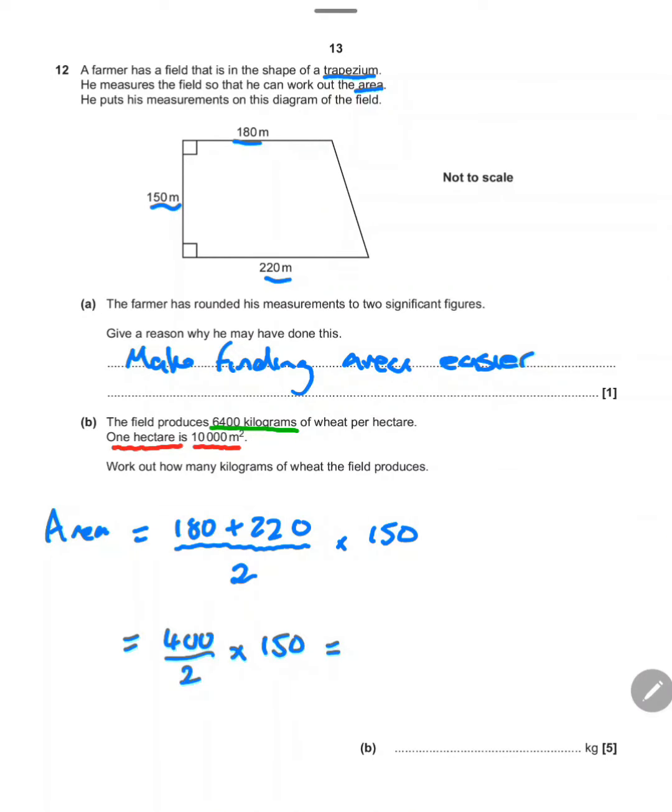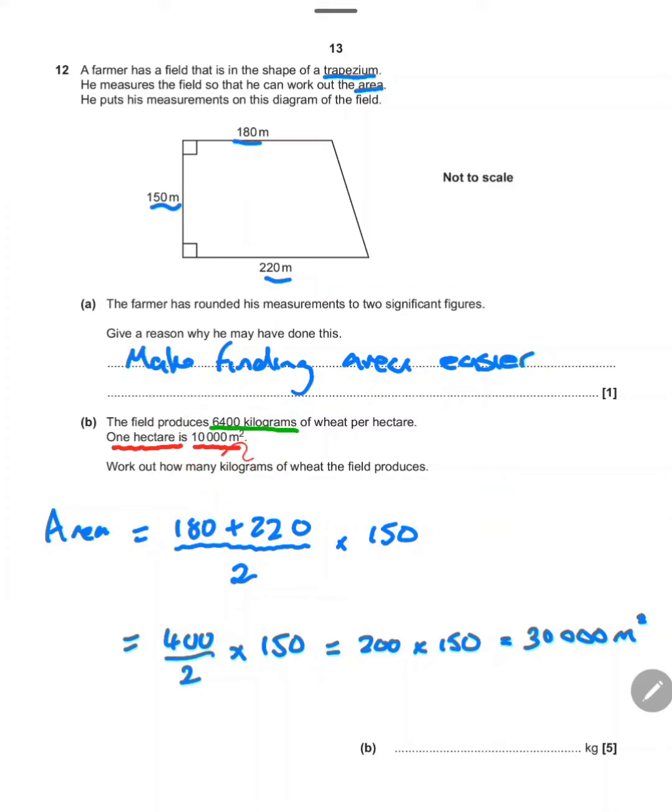Multiply by 150. 400 divided by 2 is 200. And 200 times 150. 2 times 15 is 30. And then add these 1, 2, 3 zeros on. So the area of the trapezium is 30,000 meters squared.